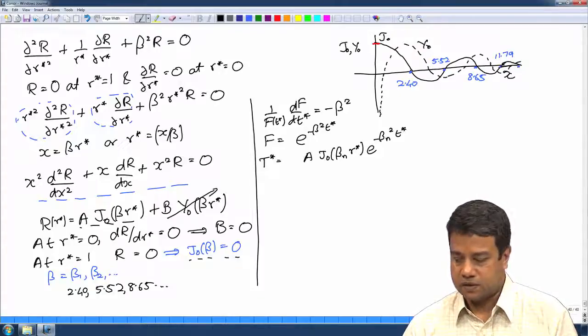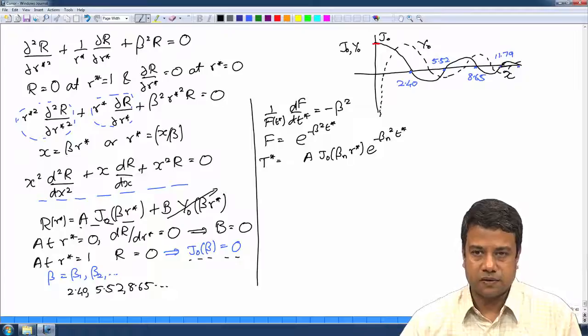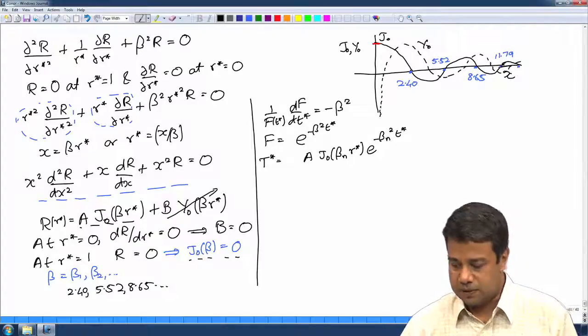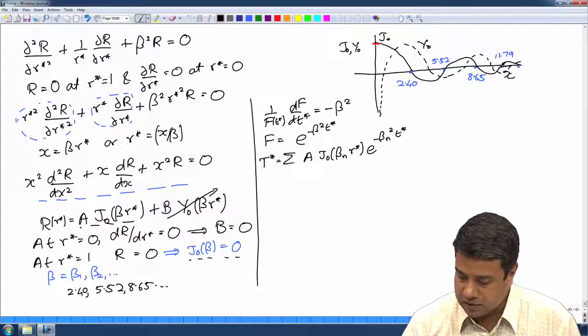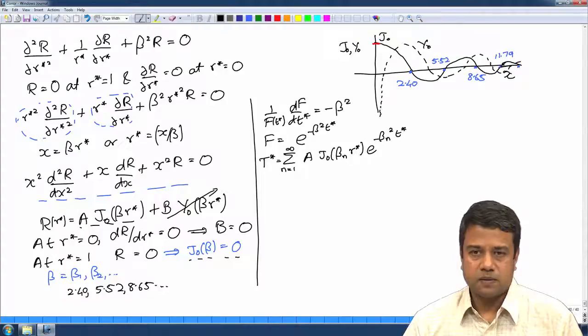Therefore, it is a valid solution. Any of these discrete beta n's, the location at which this Bessel function goes through 0, satisfies the equation. Therefore, the most general solution is one where n is equal to 1 to infinity.